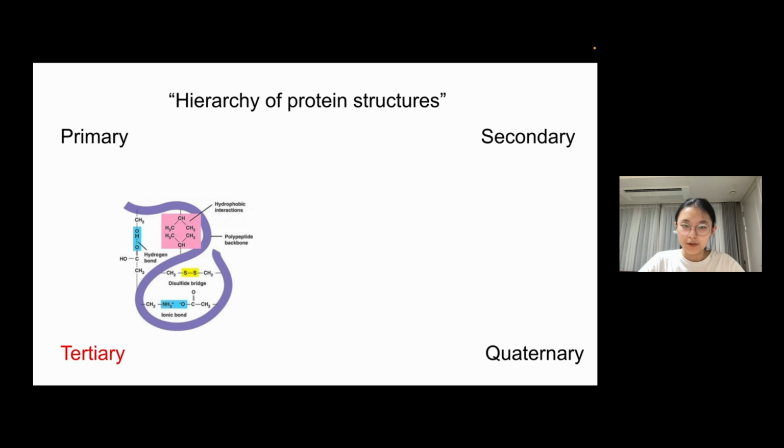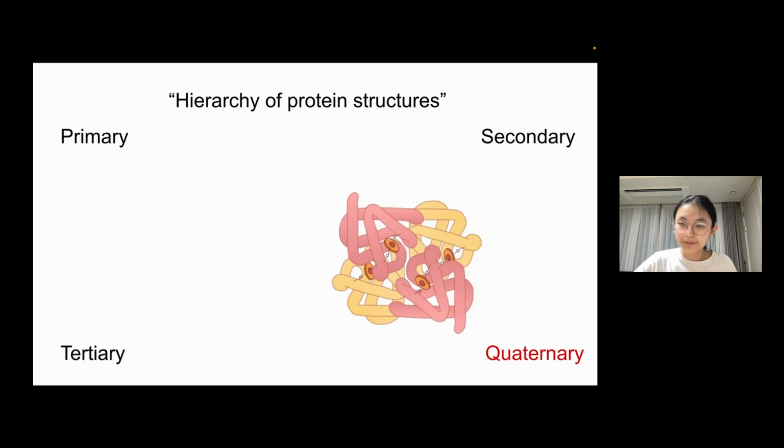So it's mostly R group interactions that account for most of the bonding. And so we have R group interactions, which form hydrogen bonding, hydrophobic interactions, disulfide bridges between cysteine groups, and ionic bonds between oppositely charged R groups. So we have different types of bonding involved in tertiary structure polypeptides.